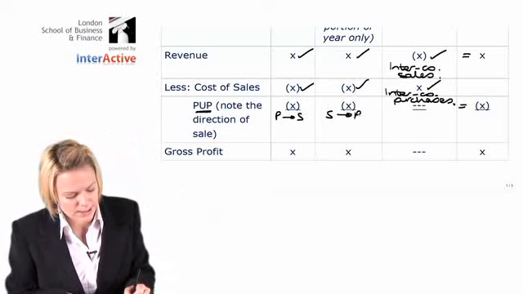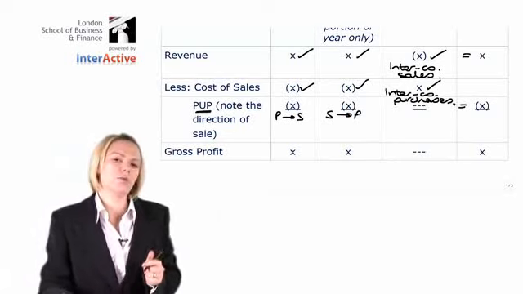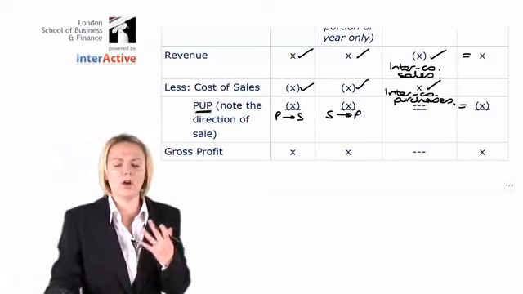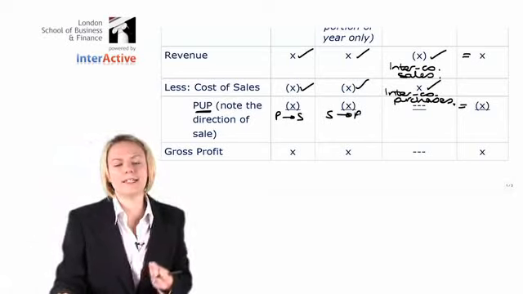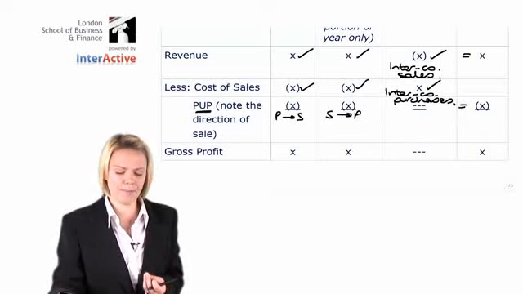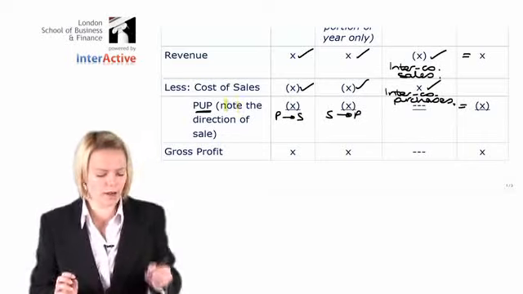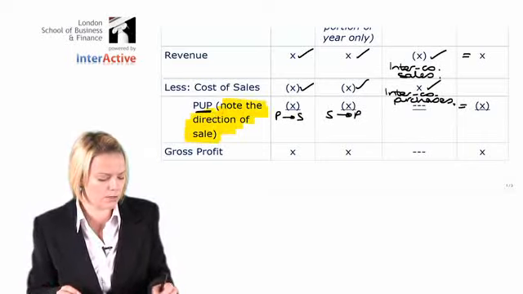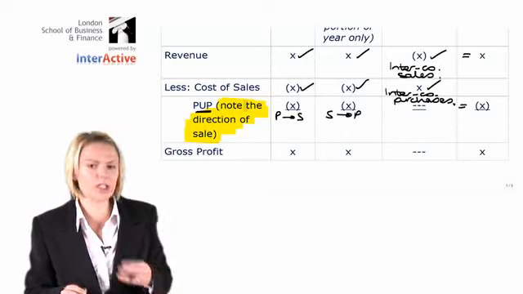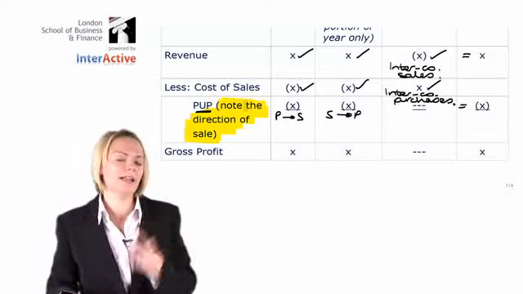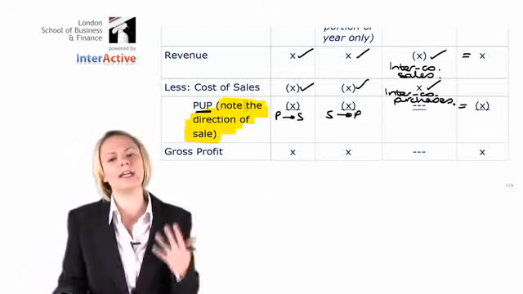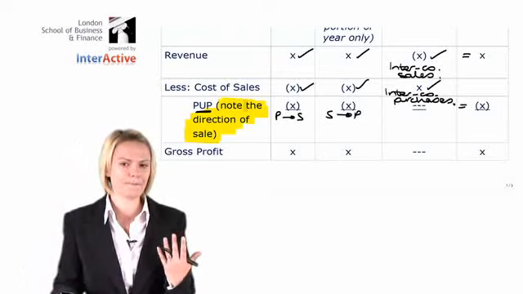If the sub sells to the parent, well then it's the subsidiary that made the unrealised profit. We need to take it out when calculating the subsidiary's profit for the year. So you must note the direction of the sale. That's very important. Just like we talked about when we did provision for unrealised profit in the context of the CSFP in earlier sessions.